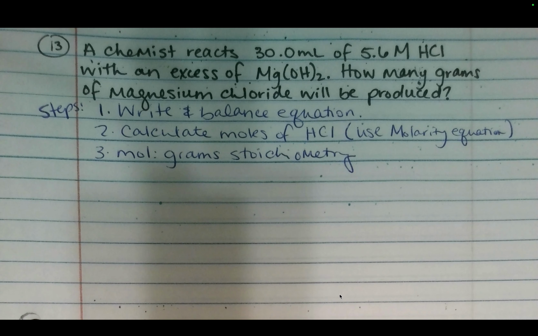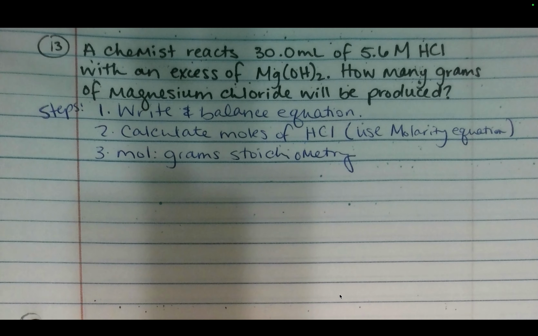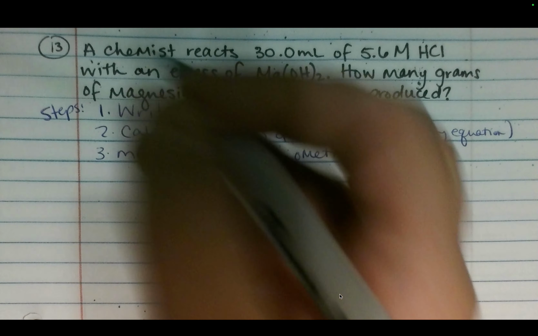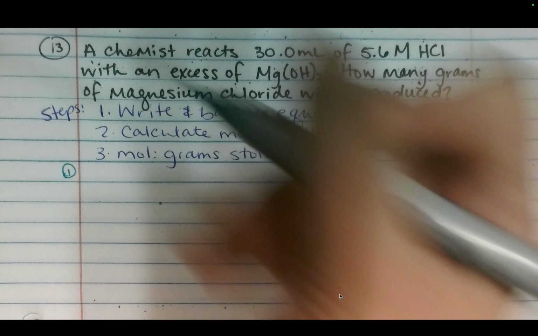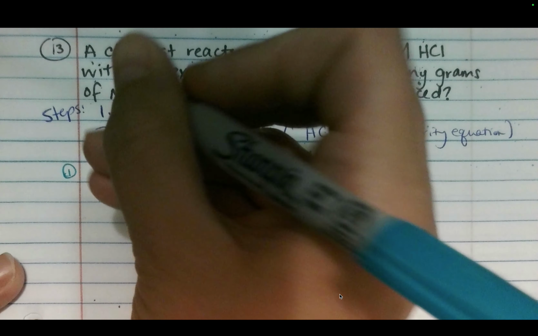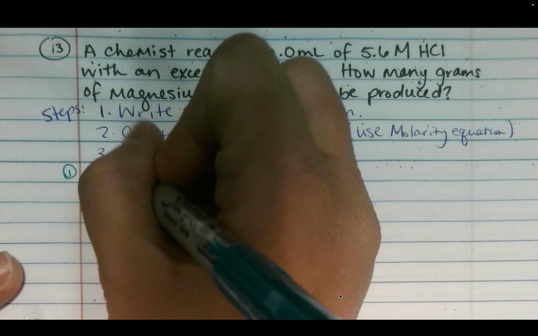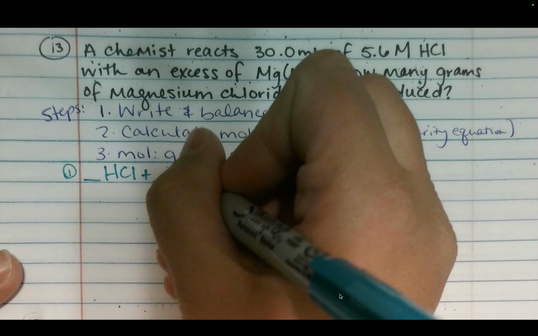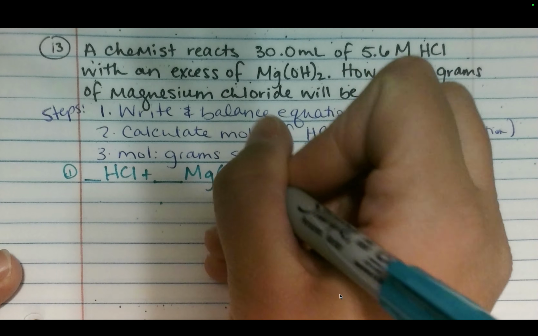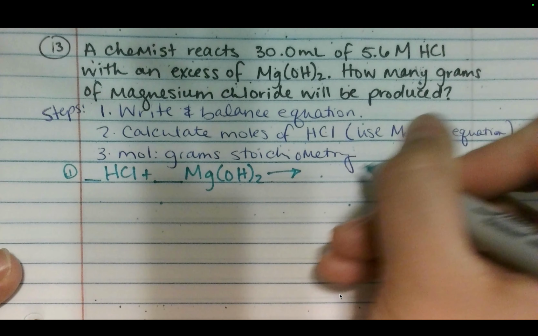Okay, so step one is going to be to write and balance the equation. In the case of this module, since we're doing acids and bases, these are going to be neutralization reactions. So step one, write and balance the equation. I know I have HCl reacting with magnesium hydroxide. What am I forming?